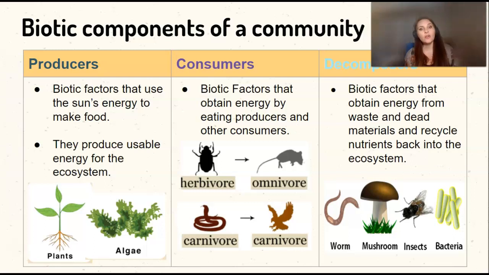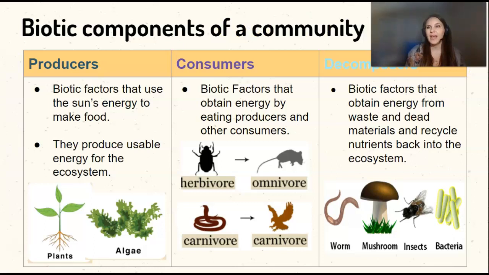So we have herbivores, which only eat the producers, they only eat vegetables and that kind of thing. We have omnivores who are going to eat producers and consumers. They're going to eat kind of all of the foods, right? And then we have carnivores who only eat meat, like snakes or lions or eagles. So these are all consumers. They get their energy from eating producers and other consumers.